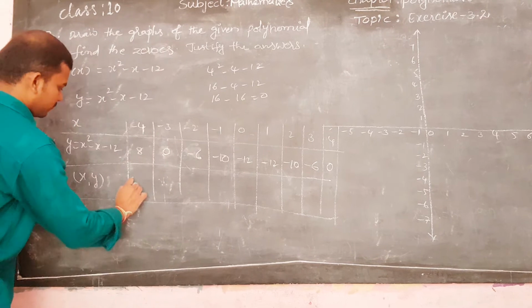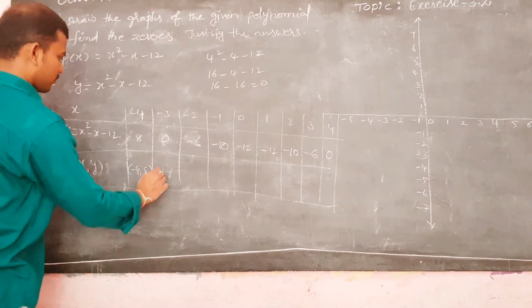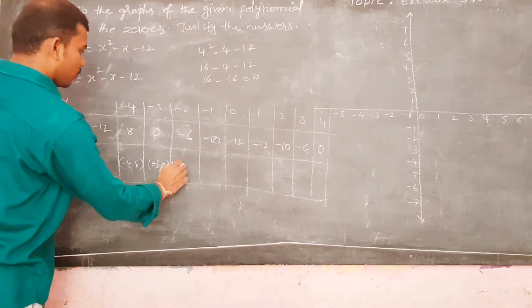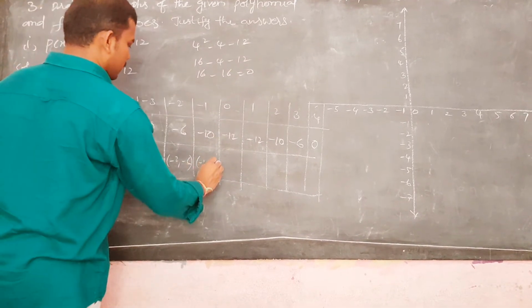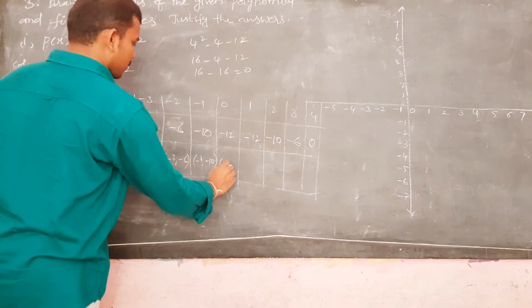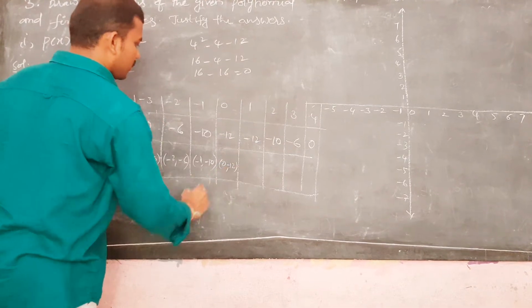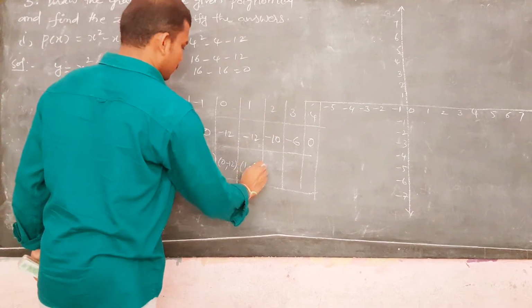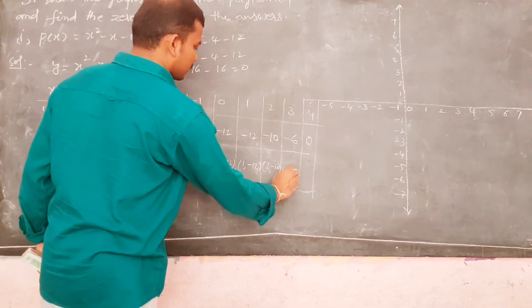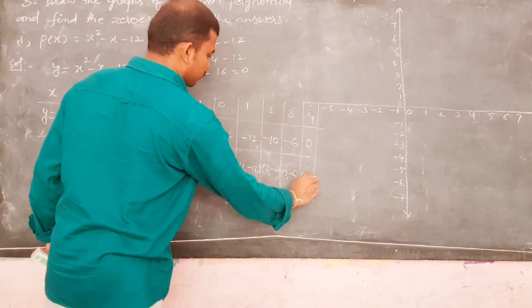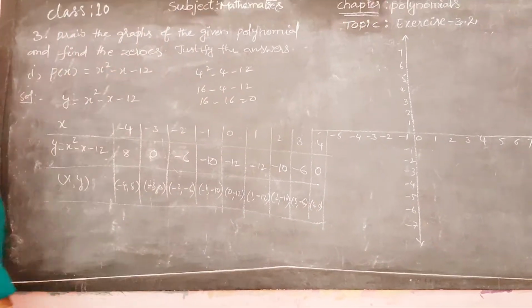Here the pairs of x comma y: minus 4 comma 8, minus 3 comma 0, minus 2 comma minus 6, minus 1 comma minus 10, 0 comma minus 12, 1 comma minus 12, 2 comma minus 10, 3 comma minus 6, 4 comma 0.